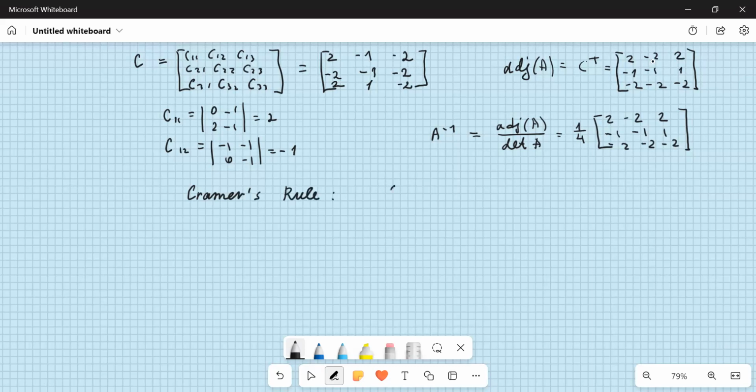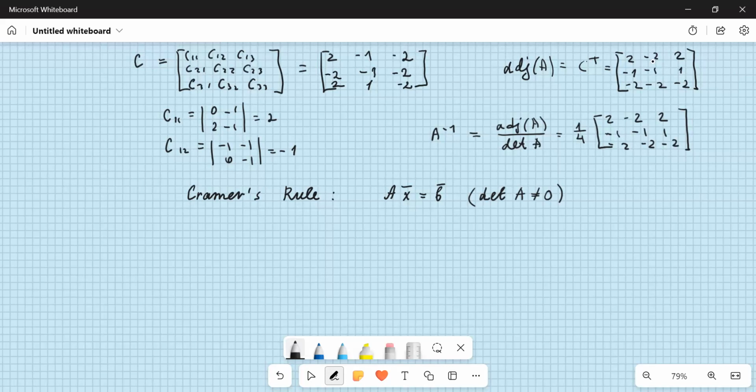Cramer's rule is solving a linear system AX equals B in n unknowns, if the determinant of A is not equal to 0. Guys, I don't want to set this up as a theorem. I'm just going to show why Cramer's rule is working, and we are going to learn how to use it.